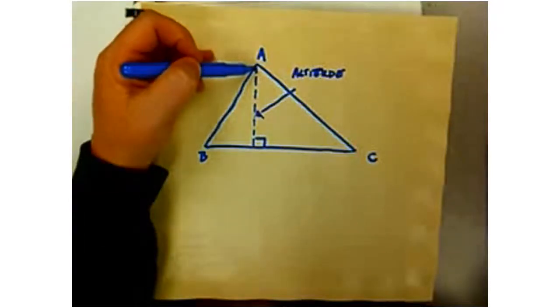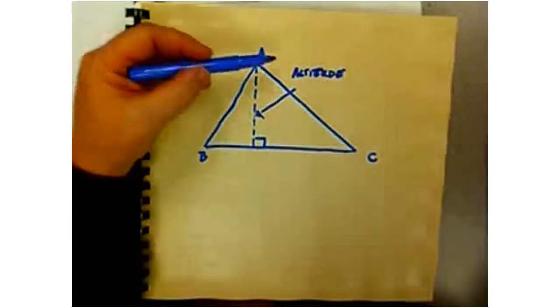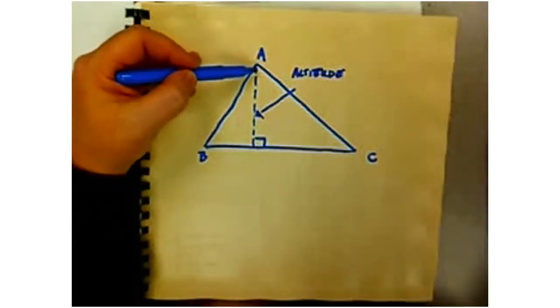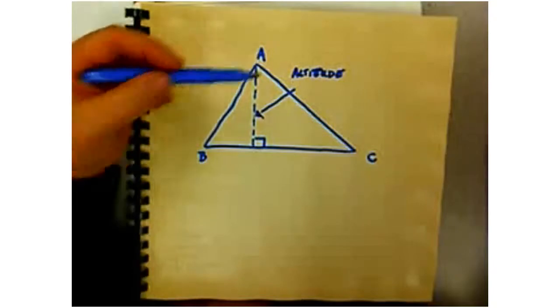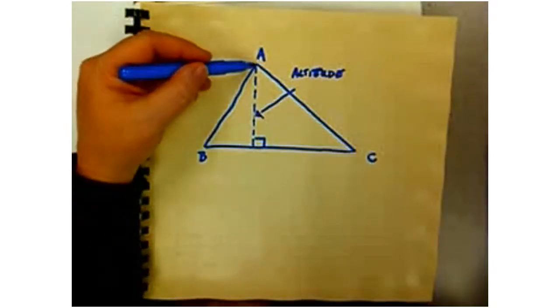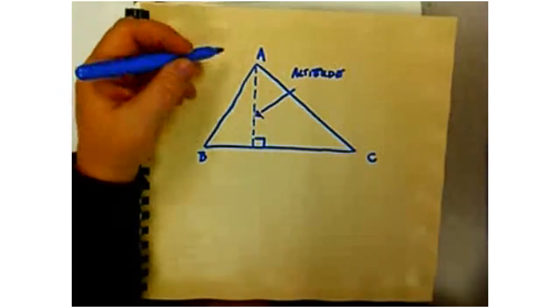And this line on the interior of this acute scalene triangle is the altitude. Another name synonymous with altitude is the height. Altitude means the height of something. So this is the height of the acute scalene triangle.